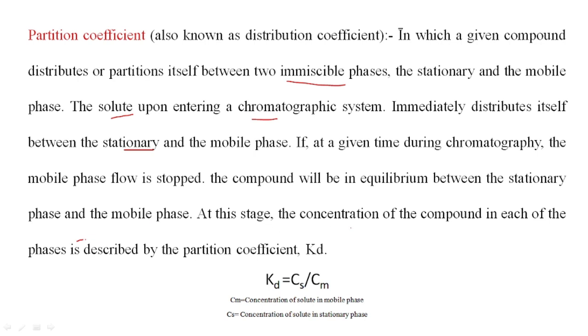At this stage, the concentration of the compound in each phase is described by the partition coefficient. So this is about the partition coefficient principle. Compounds that are physically and chemically very slightly dissimilar we can separate by partition chromatography, based on the partition coefficient principle.